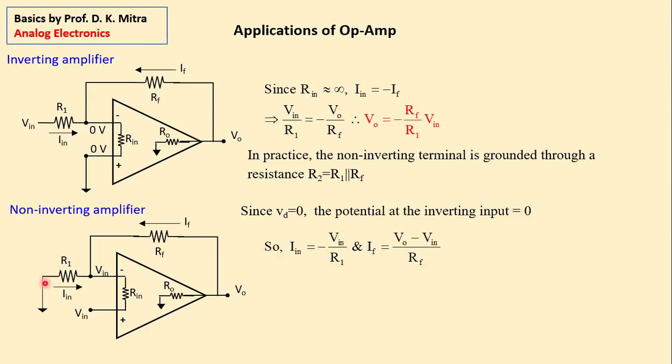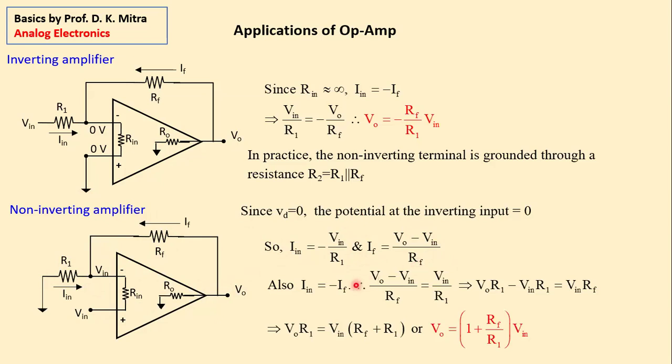So what is the current Iin? This is at 0. Current Iin is Vin by R1. And IF is VO minus Vin, because there is a potential here, VO minus Vin by RF.